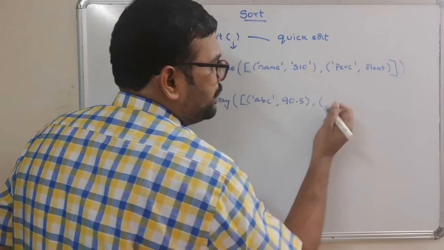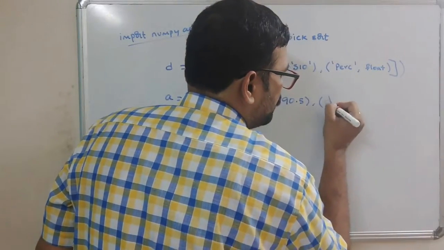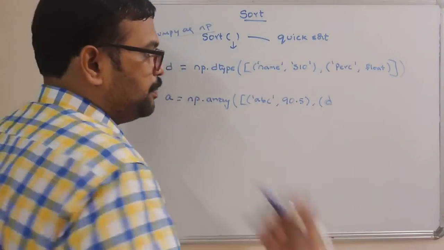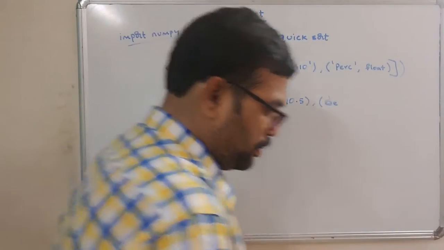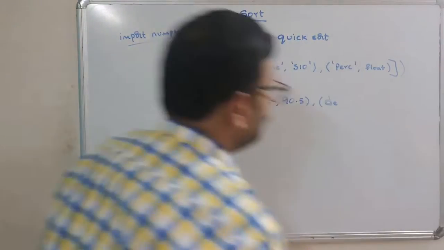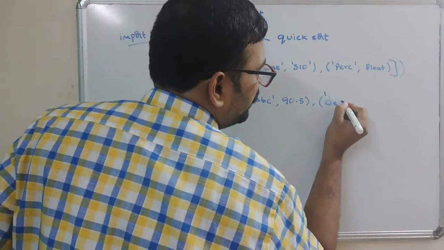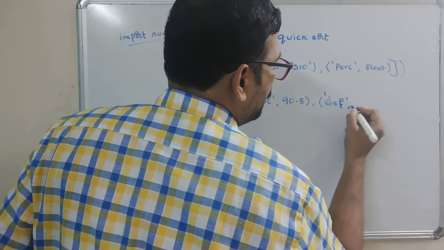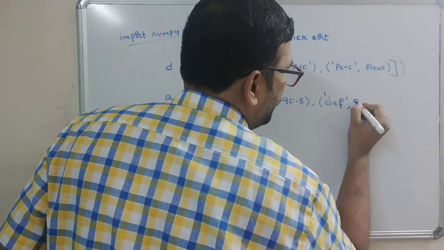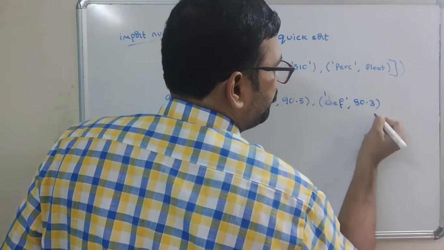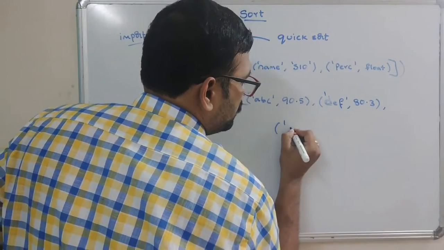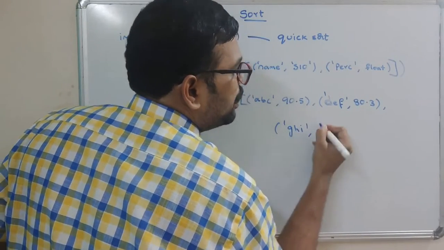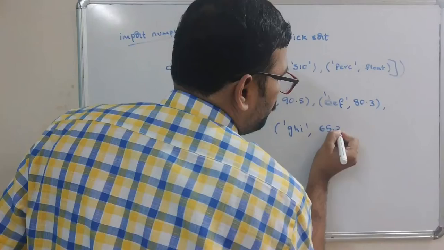Take one more student data, so I will take D, E, F, and the percentage is some 80.3, and consider one more element, G, H, I, with a percentage 65.3.